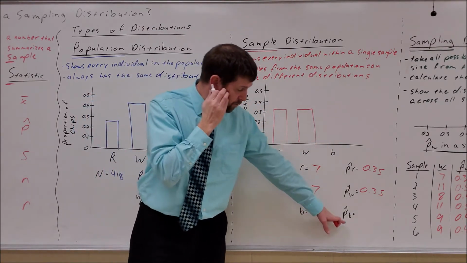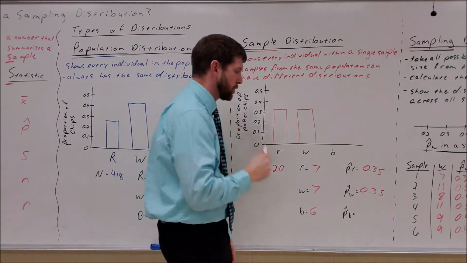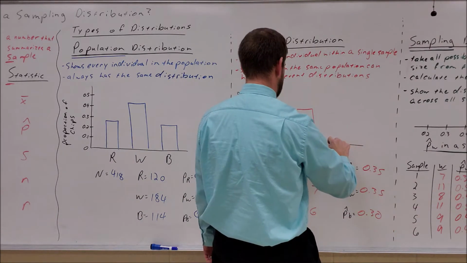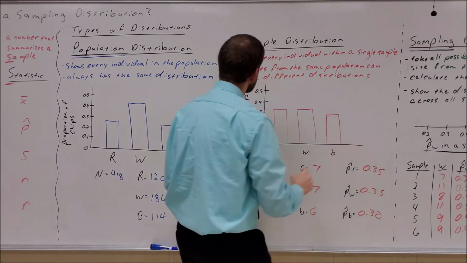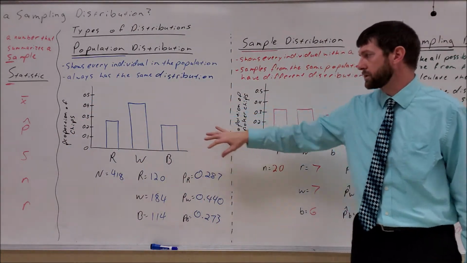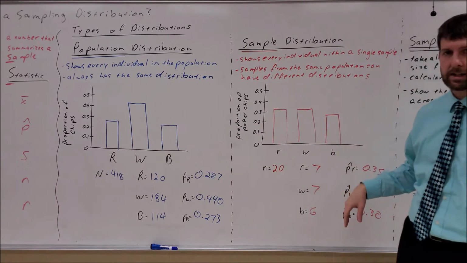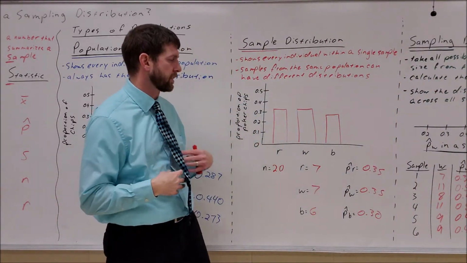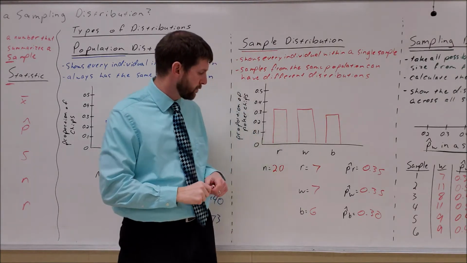And then my blue ones in the sample proportion was 0.30. So a little bit different between what we see population-wise and what we see sample-wise, but it was pretty close to it. So maybe I feel confident that I had a somewhat representative sample.